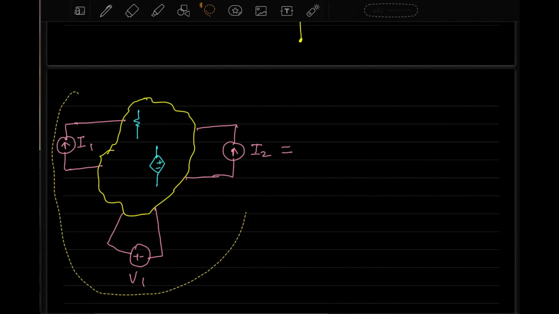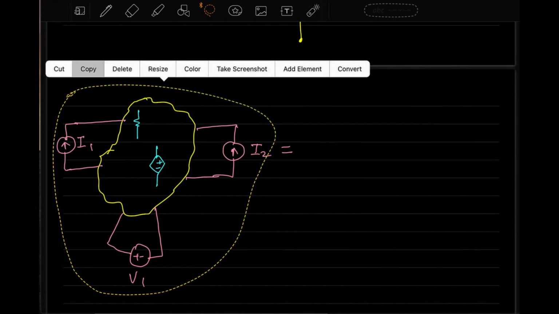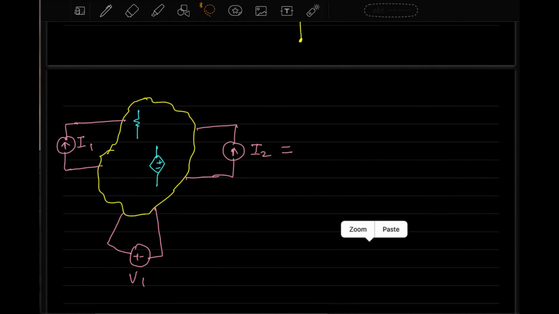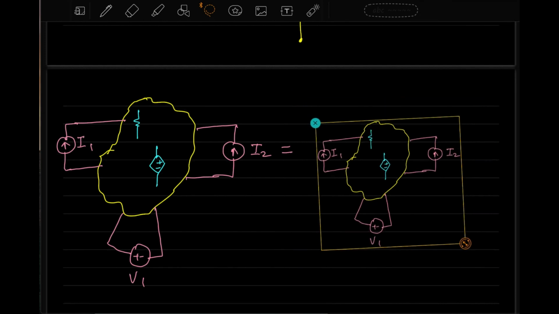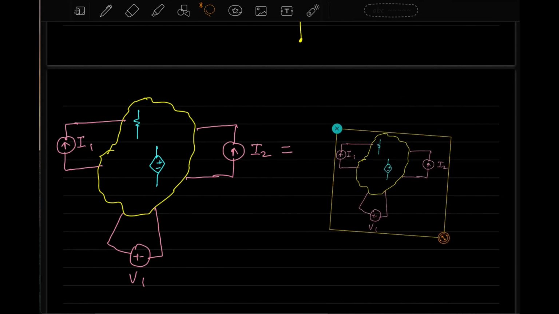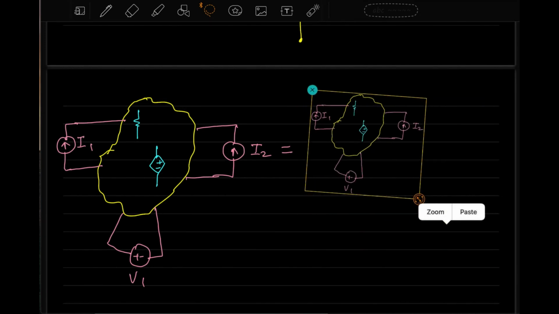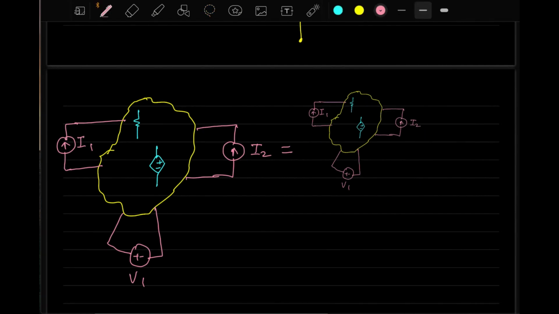Let me copy this. So this is equivalent to this with the voltage source replaced by a short circuit, and this current source replaced by an open circuit.